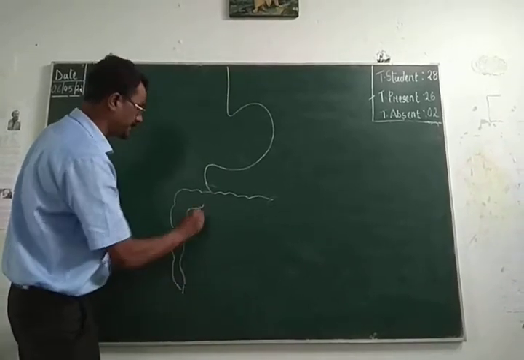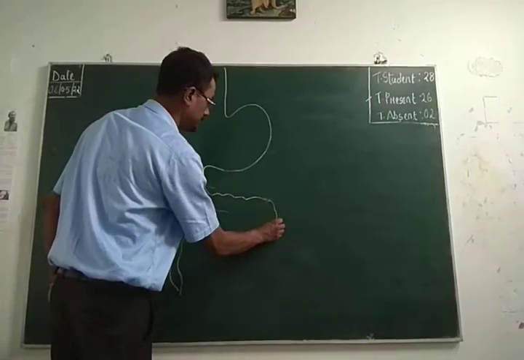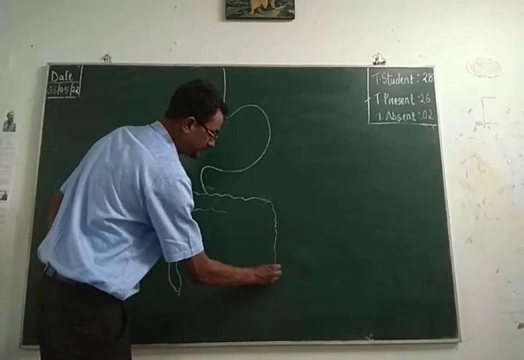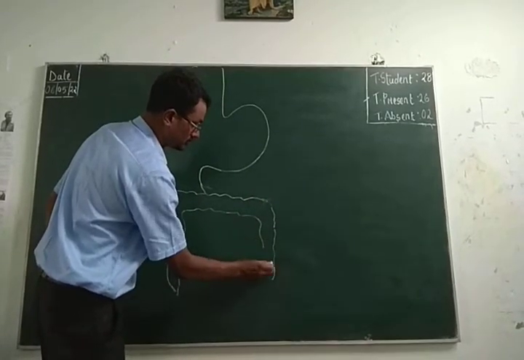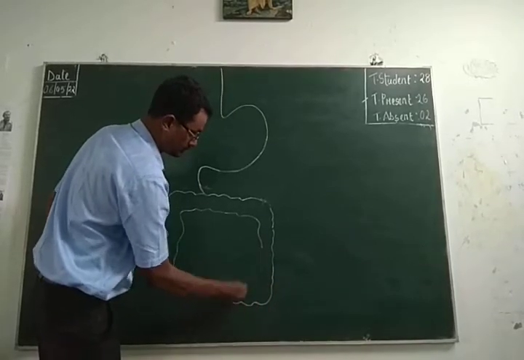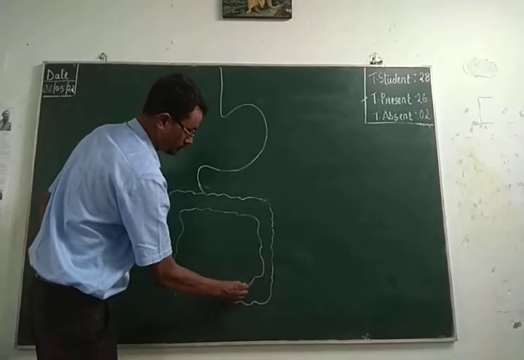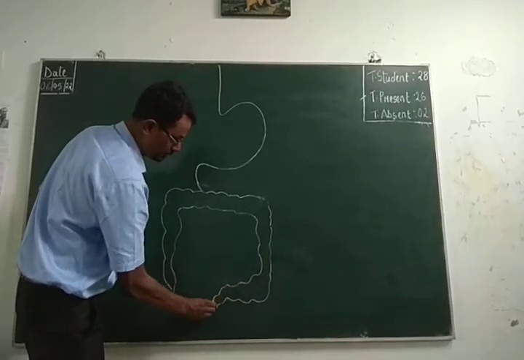This is the vermiform appendix. This one is the large intestine. It leads to anus.